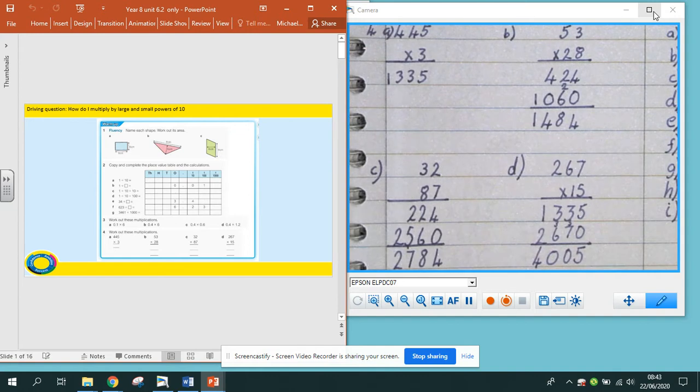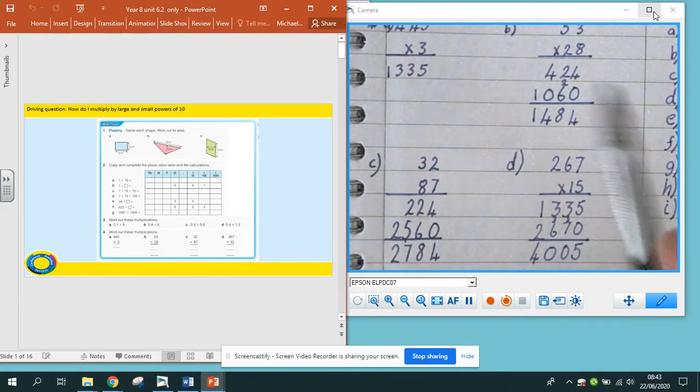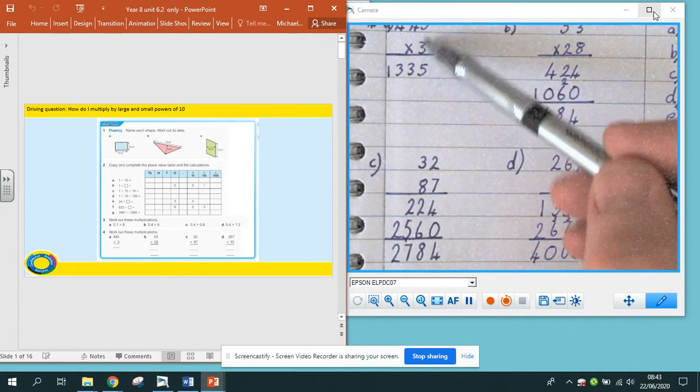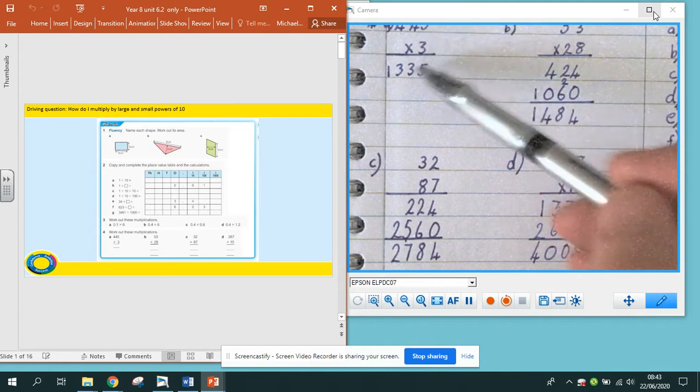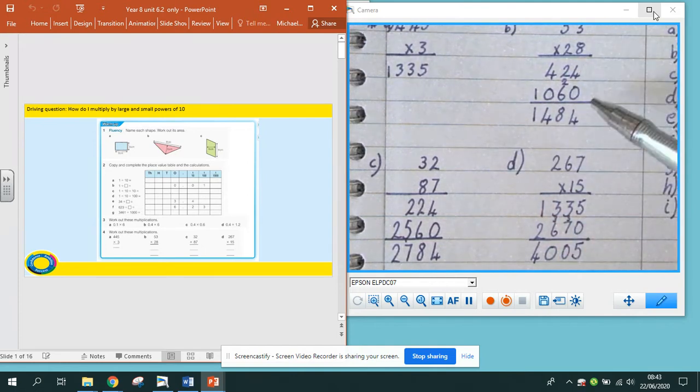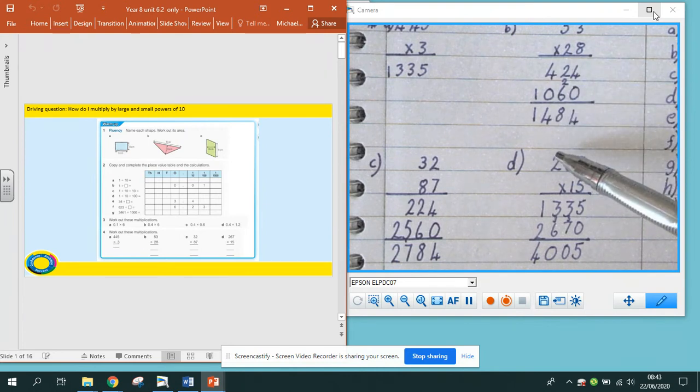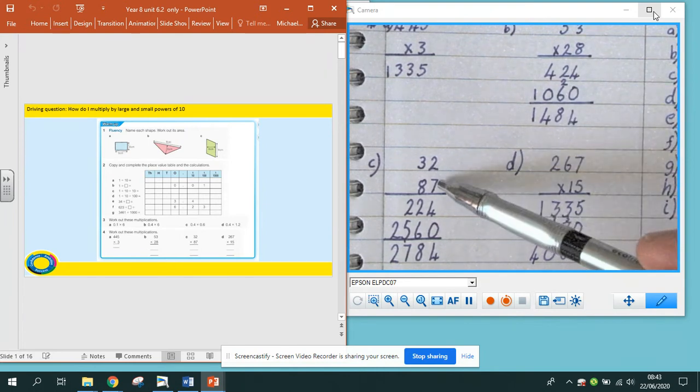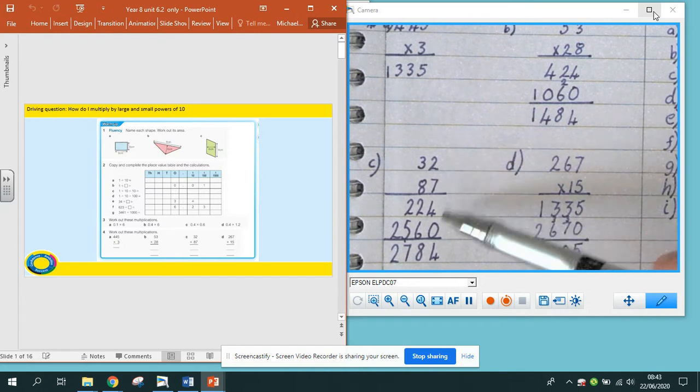Okay, then some multiplications. I just ask you to work your way through the answers. Obviously, multiplying by 3. First, you just work your way across in the style that you've done before. In this one, I've multiplied 53 by 8 and then 53 by 20 down here, added them together. 32 times 87, I've done the same.